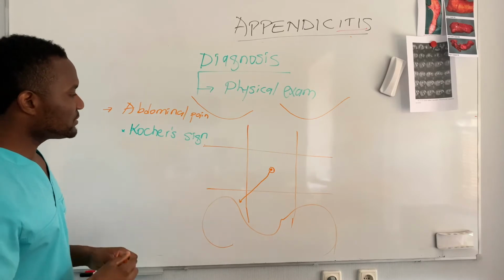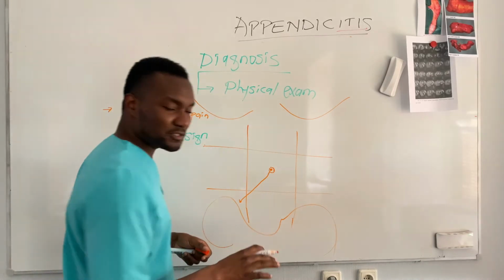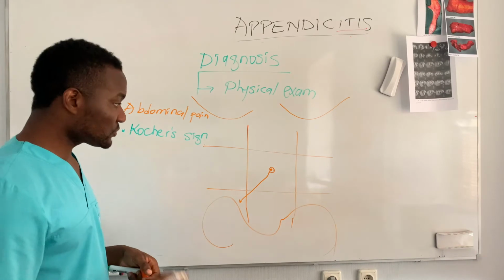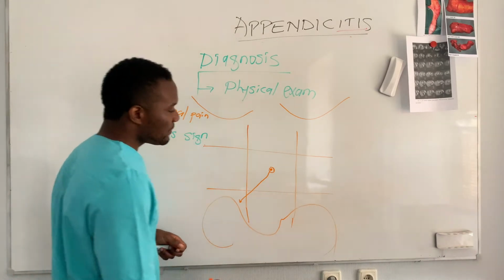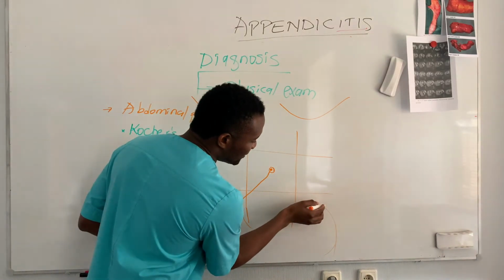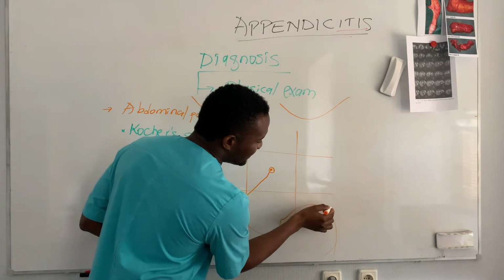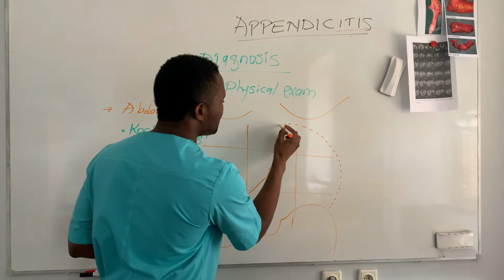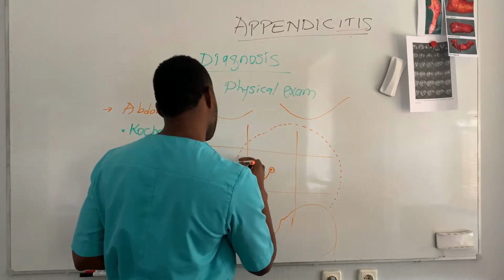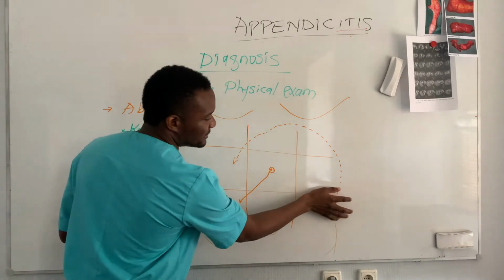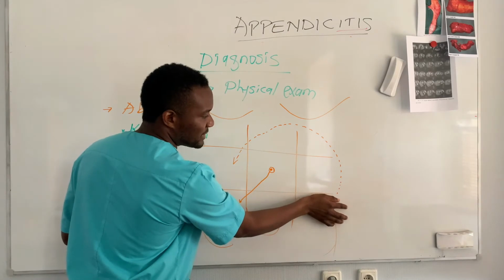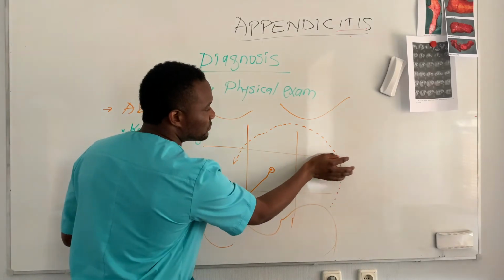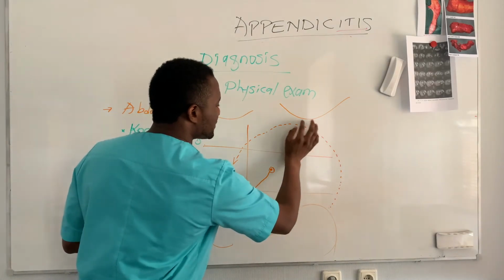Another thing is you can tell these patients to lie supine on their back, and you start the palpation from the left iliac fossa. So you're going counterclockwise. You're palpating the abdomen from the left iliac fossa to the left lumbar to the left hypochondrium.